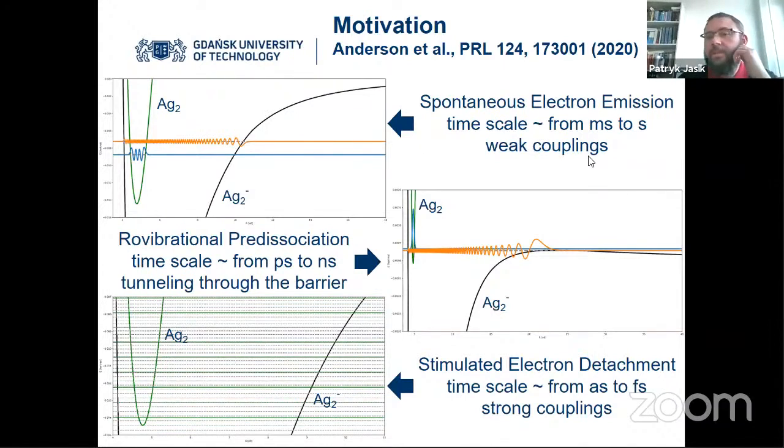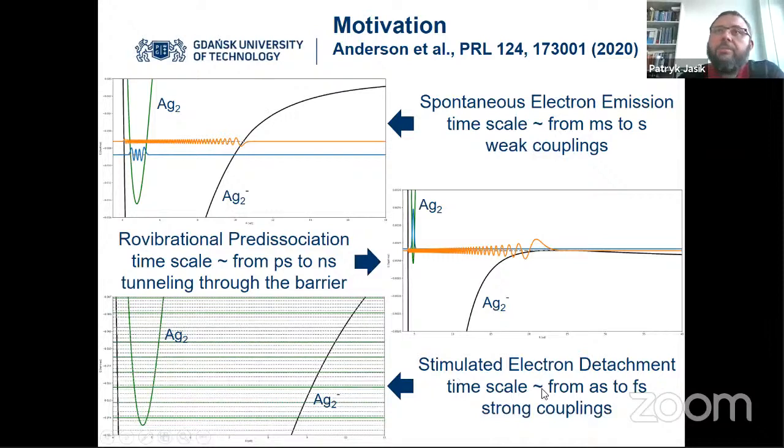The time scale is far away from attoseconds. It is milliseconds and seconds because of weak couplings. Next, I will talk about vibrational predissociation, which was the other reaction path in this experiment, and the time scale is picoseconds and nanoseconds.